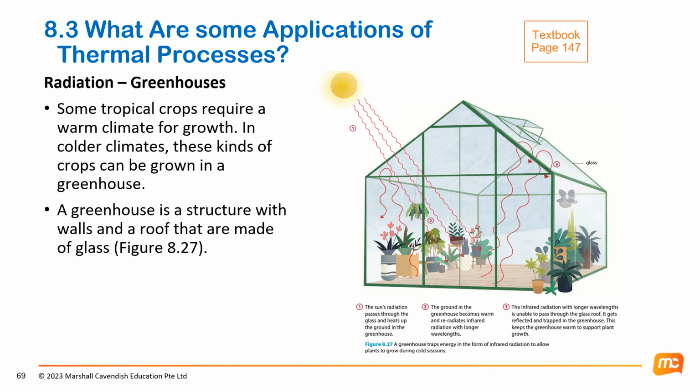And then once its infrared radiation passes through the glass and heats up whatever is inside the greenhouse, the air, the plants, the floor, we want to make sure that this heat remains inside the greenhouse. So in that case, we must make sure that from the greenhouse to the environment, there is very little conduction and convection.